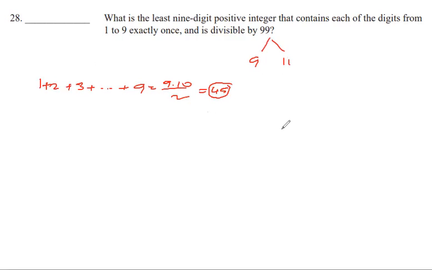It could be 0 or any multiple of 11. So since we know the digit sum is 45, you're gonna have two different groups. So let's say 1, 2, 3, 4, 5, 6, 7, 8, 9. And when you make two different groups, because you're gonna add them alternately, you're gonna have 5 numbers in one list and 4 numbers in the other list.